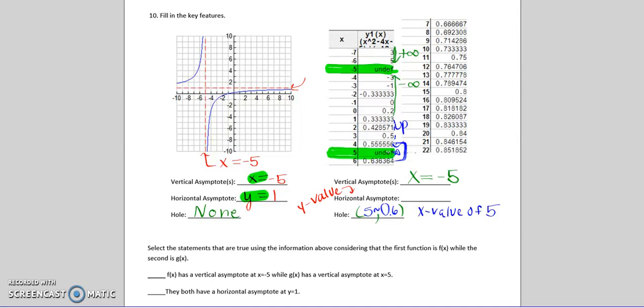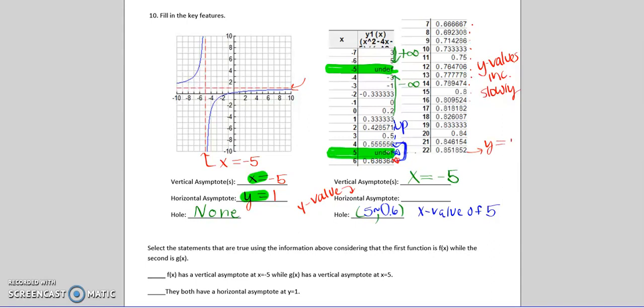Now, a horizontal asymptote is a y value that your graph approaches. So is there a y value that your graph's approaching as the x's increase? I want you to notice what's happening here. Between all of these y values, as x is increasing, these y values increase very slowly. Can we assume that they're increasing to some number? Yes. What's a good estimate?